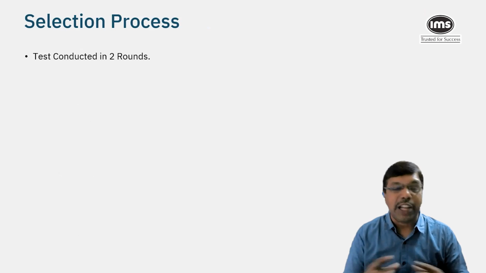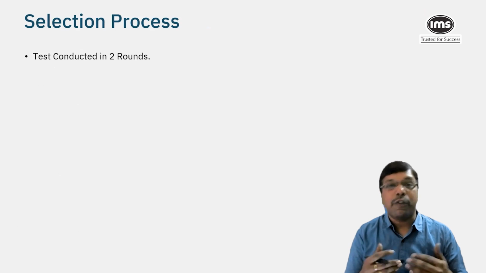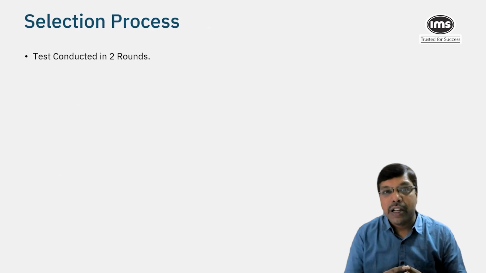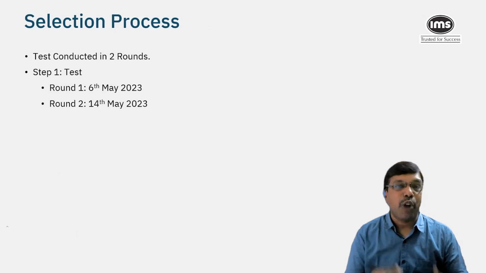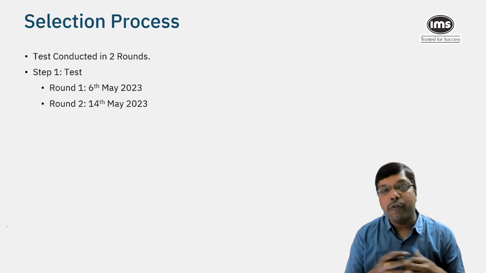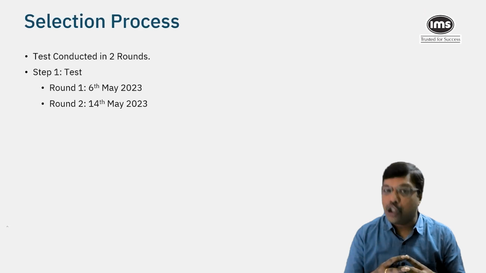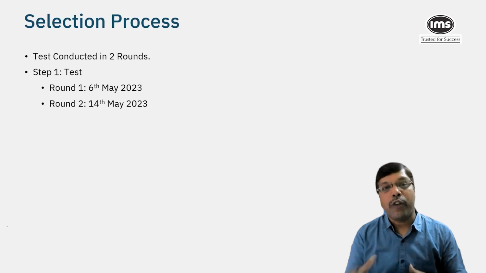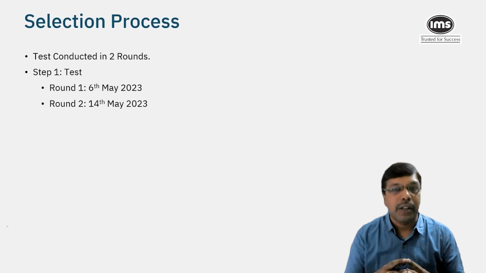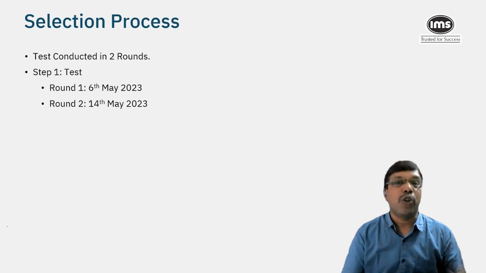This is an advantage for most of the test takers because you get to give a shot at the exam in 2 rounds. The first round is conducted on 6th of May and the second one is scheduled to happen on 14th of May. While applying, students will have a choice to select one of the attempts or both. And if you are attempting the test in both the rounds, the best of the score will be considered.